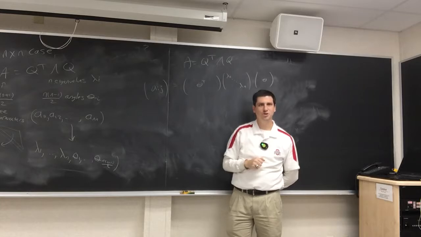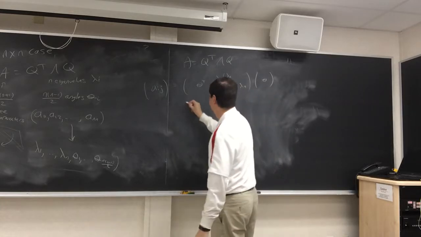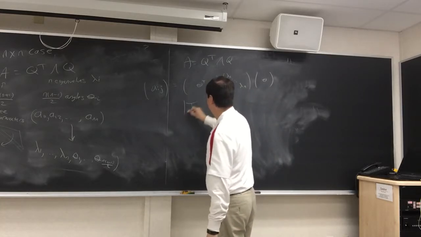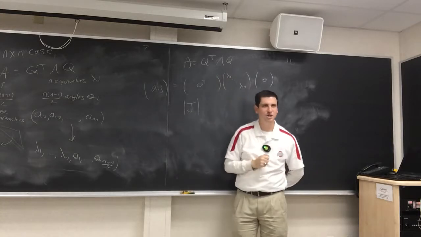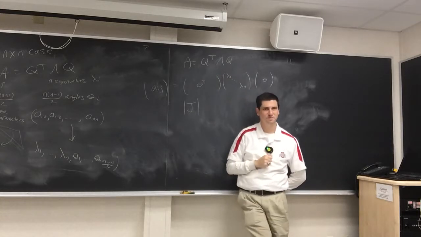And now we need to calculate the Jacobian. We want the determinant of the Jacobian. Usually, if you're going to calculate the determinant of a matrix, it's important to know what the matrix is. Okay? We do not want to calculate what this matrix is. Let's think about how it will look when we multiply things out.